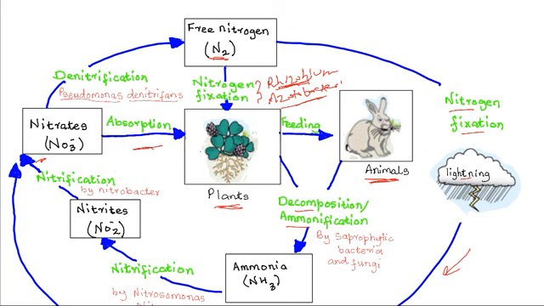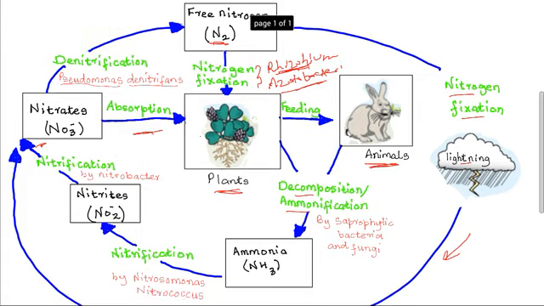The ammonia then combines with soil compounds to form ammonium compounds. So we have the formation of ammonium compounds in the soil.